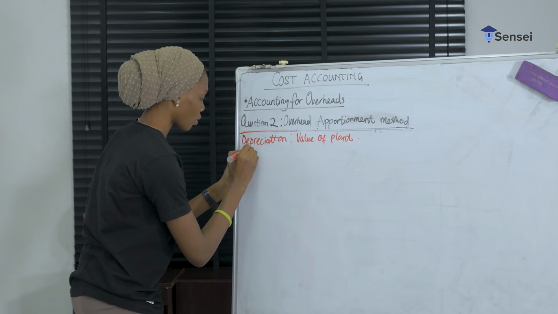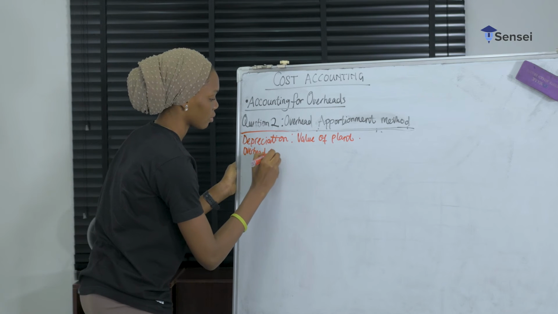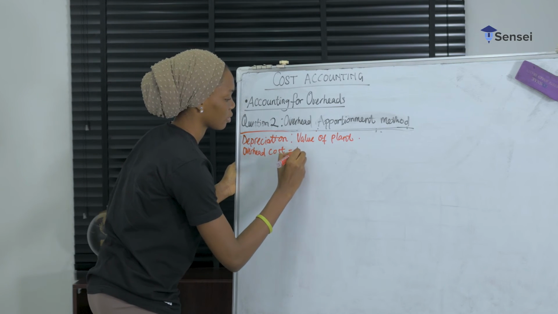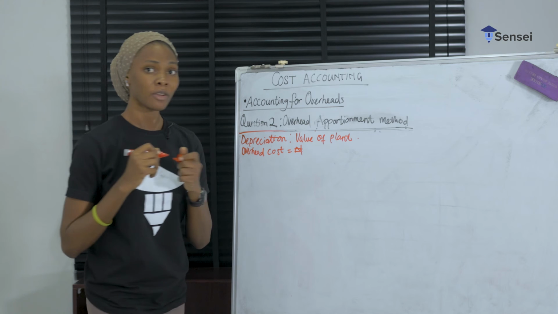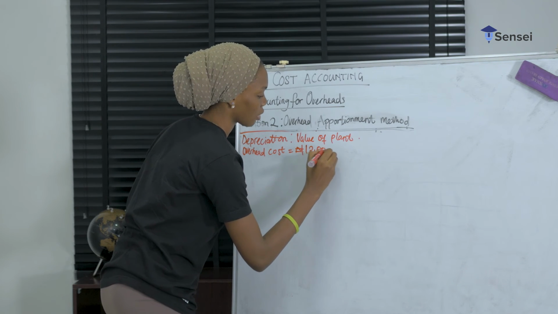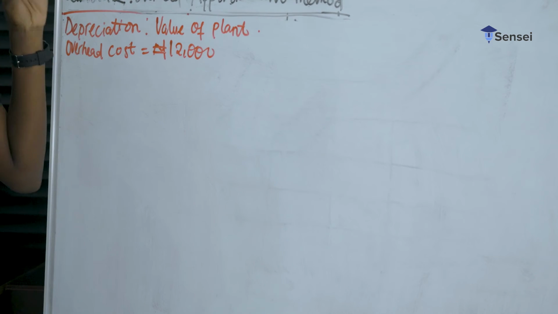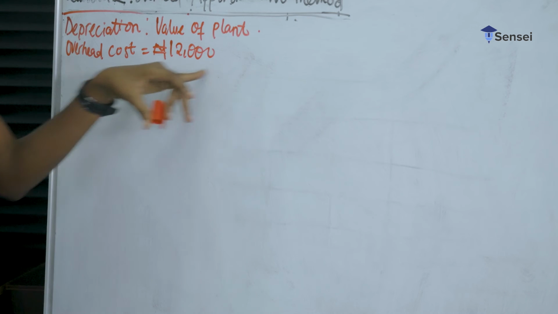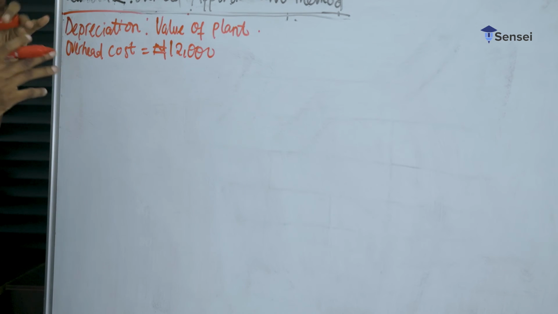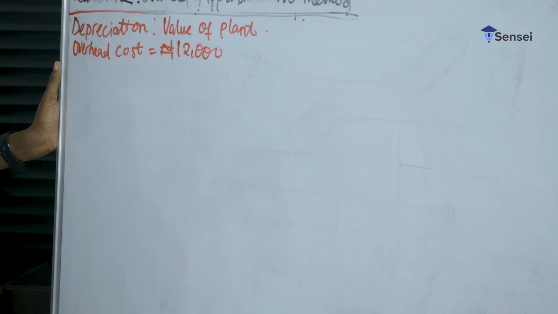The overhead cost for depreciation as given in this question is 12,000 naira. And since we have to use the value of plants to apportion 12,000 naira between Departments A, B, and the production control, we list out the value of plants for each of the departments.